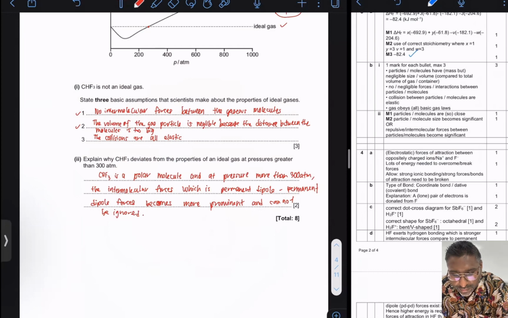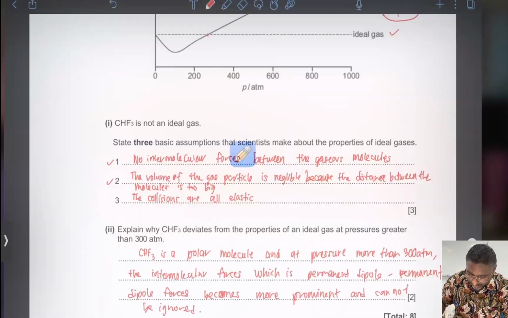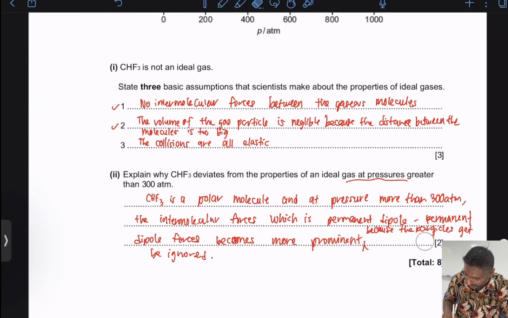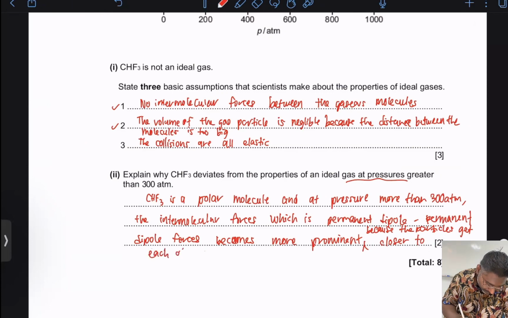I will actually get only 1 mark. They still want greater pressure. So which is permanent, rather than saying more prominent, more prominent because the particles get closer. Okay, so that will be the answer for this.